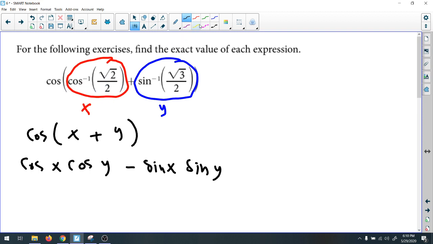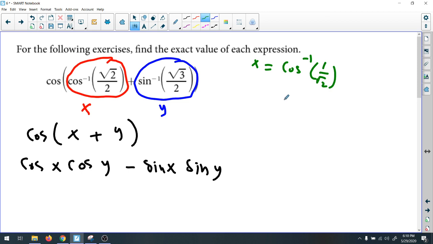If you're getting this question, you're going to say, okay, assume that x equals inverse cosine of square root of 2 over 2. You could express it as 1 over square root of 2, if you want to do that.